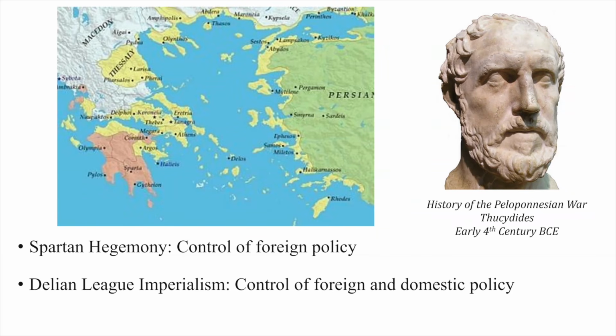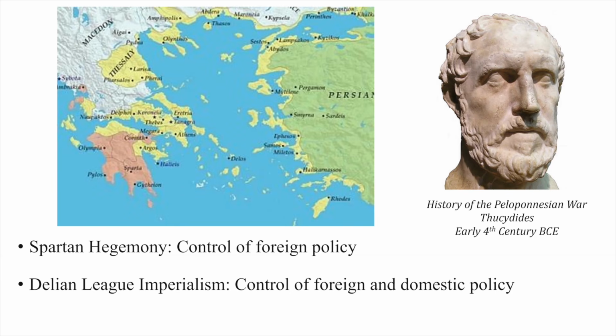One of the most oft-cited examples, or the origins of political science, is the work of Thucydides, especially his history of the Peloponnesian War. In that he contrasts and compares the Delian League with Sparta, two different types of polities, in terms of not just how they were organized internally, like governance, but how they interacted with their peers.